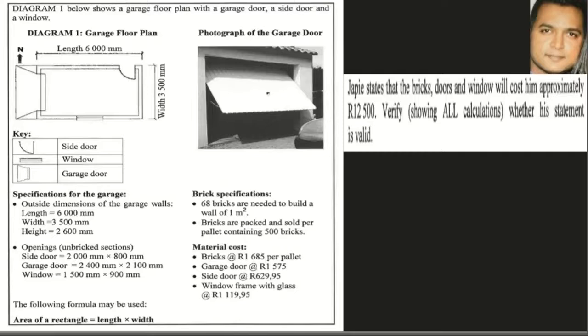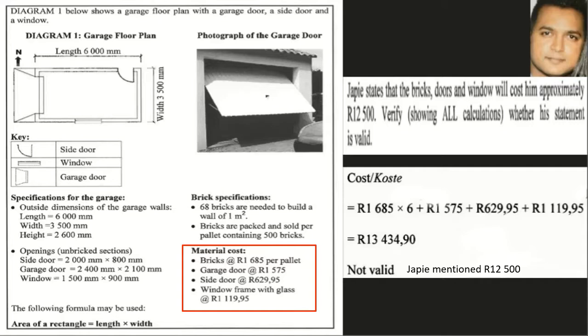Yapi states the bricks, doors and windows will cost him approximately 12,500 Rand. Verify, showing all calculations, whether his statement is valid. So using the information indicated by the red box, that's where we look at the costing.